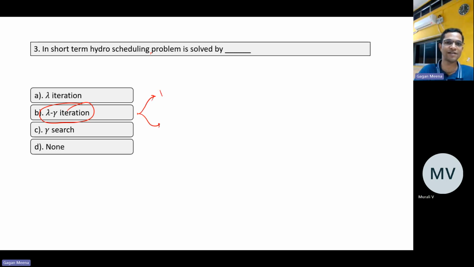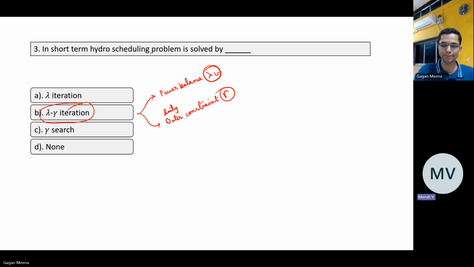One is the power balance for each time block, that's why we have lambda for each time block. And then we have the total water constraint, the daily total water consumption, the availability of water. That is only one constraint, and we have gamma for that.